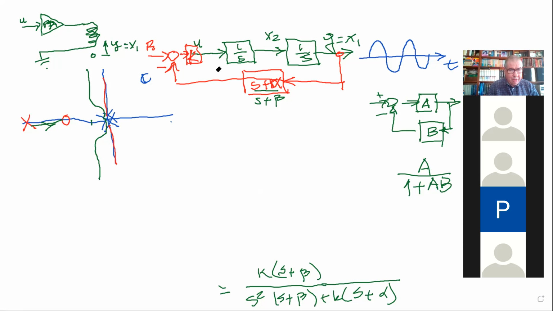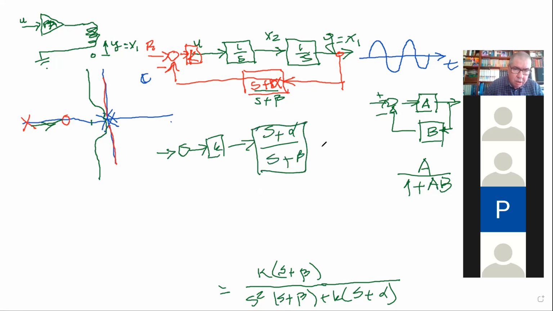But so on the root locus we draw it as if it was a 0? So it works. You could have also done this: S plus alpha, S plus beta, then 1 divided by S squared, and then this.